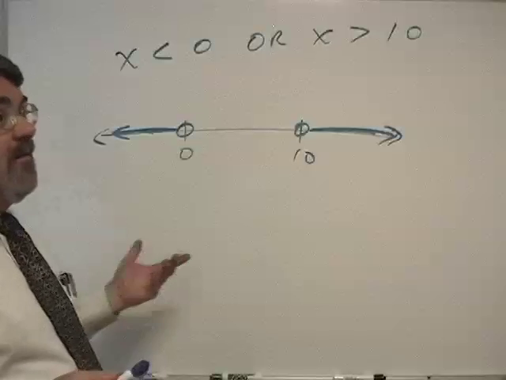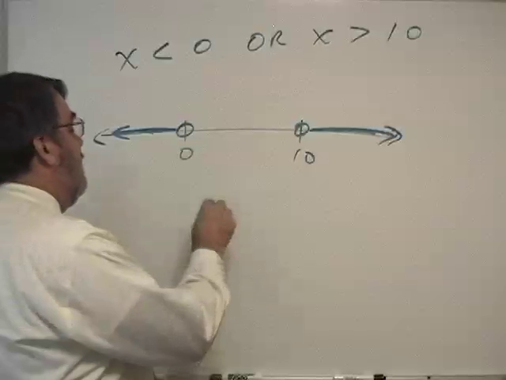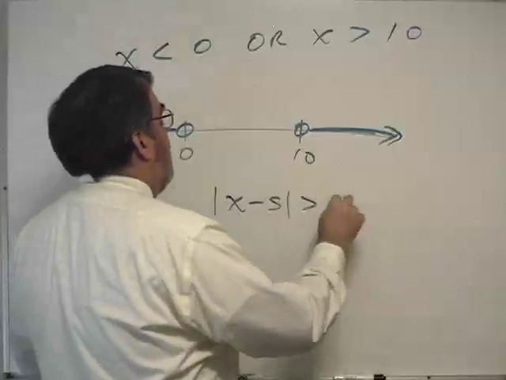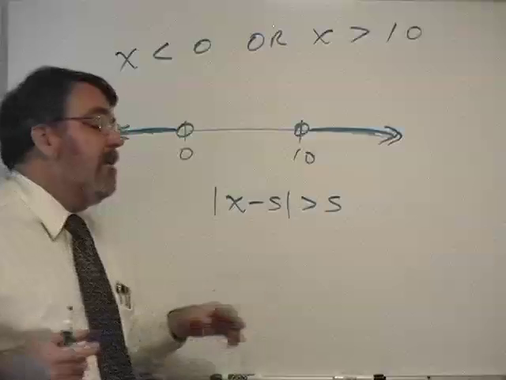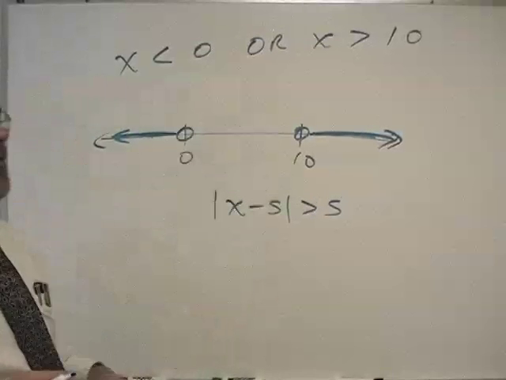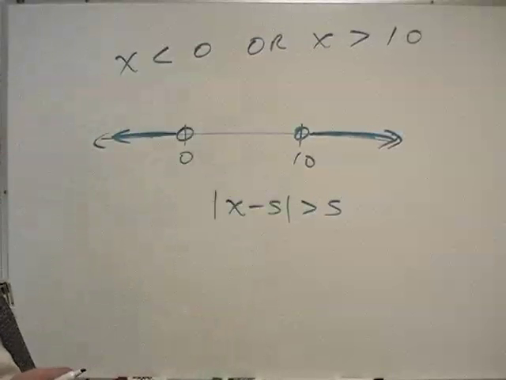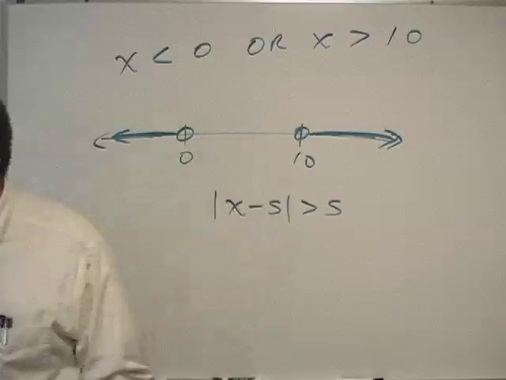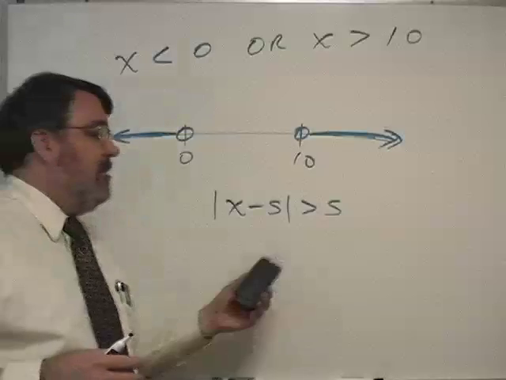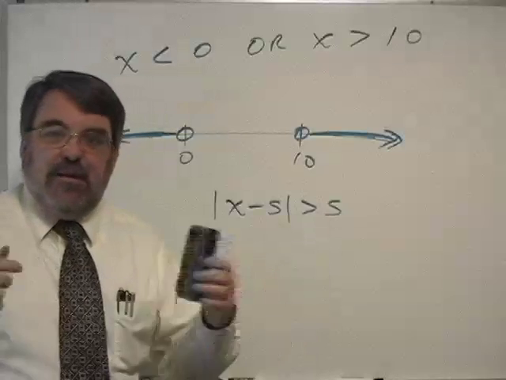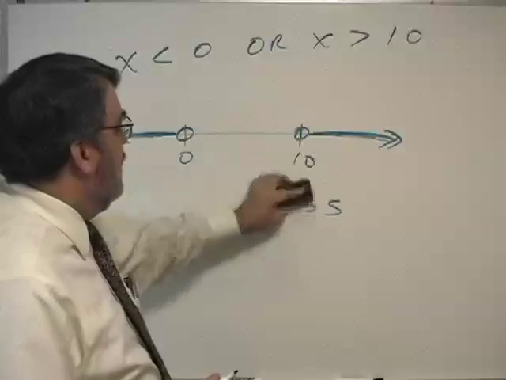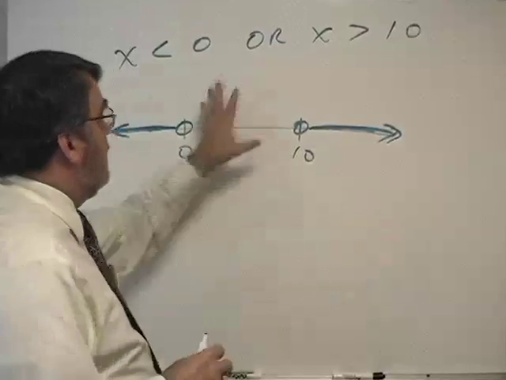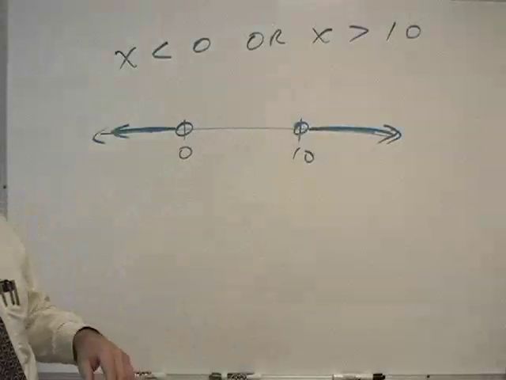And in absolute value, that would look like the absolute value of x minus 5 is greater than 5. So you can get these kinds of inequalities or intervals from absolute value equations. And absolute value equations come about due to ways of measuring distance. Well, we don't study absolute value in this course in that way, but you'll be solving some problems like this.